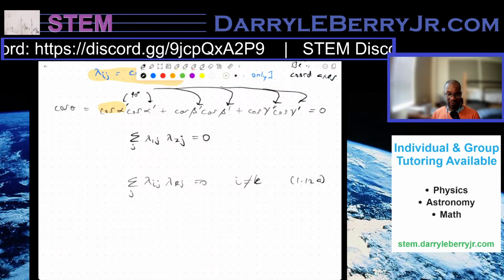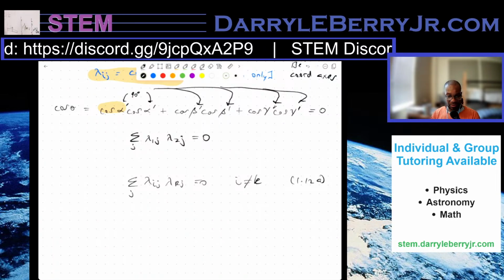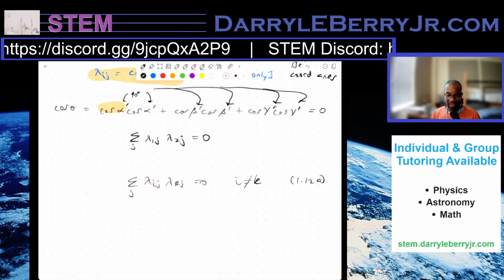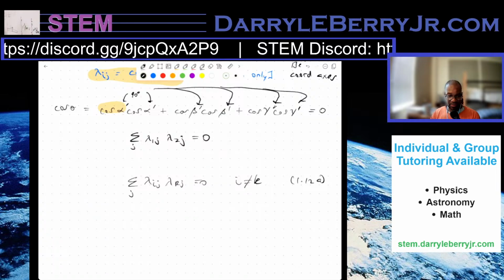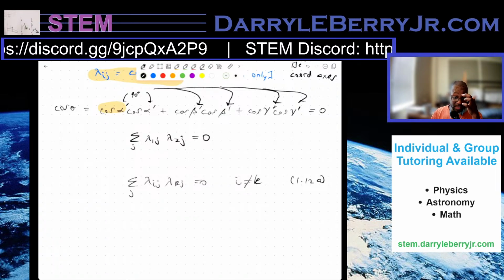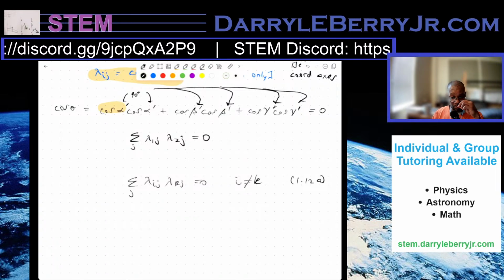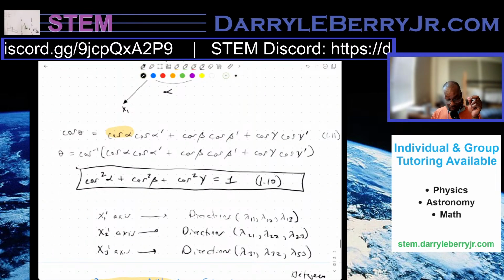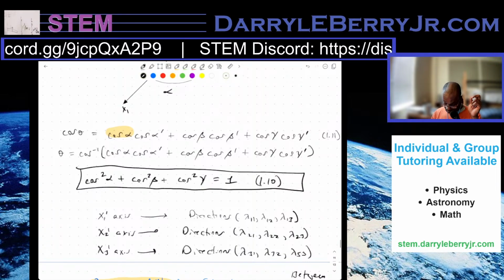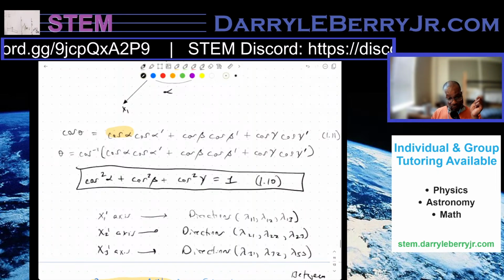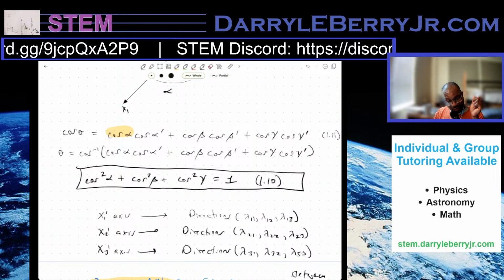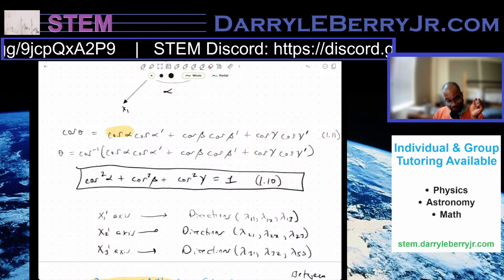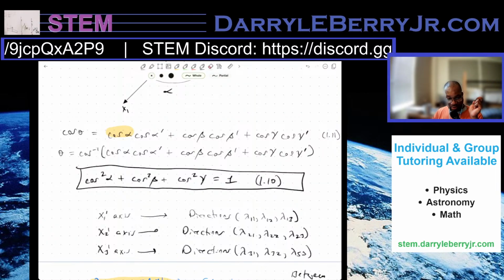Because the sum of the squares of the direction cosines of a line equals unity, we have for the x1' axis in the x1, x2, x3 system, lambda 1 1 squared plus lambda 1 2 squared plus lambda 1 3 squared equals 1. Or the sum over j of lambda 1j squared equals 1.